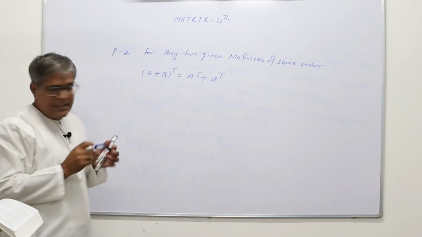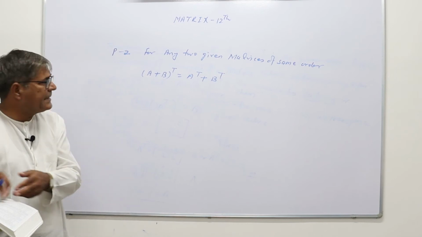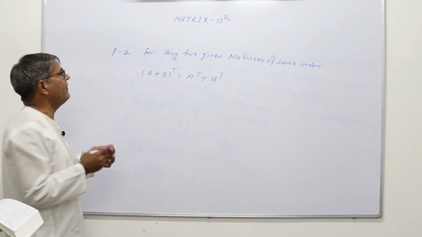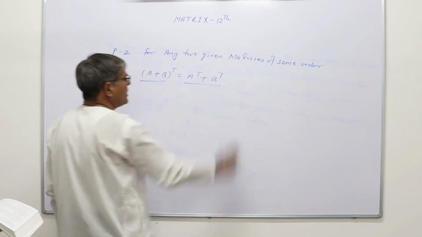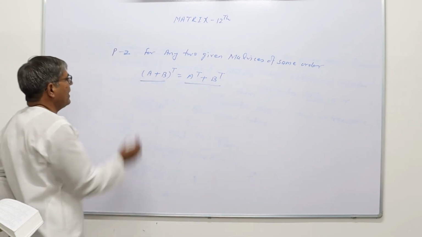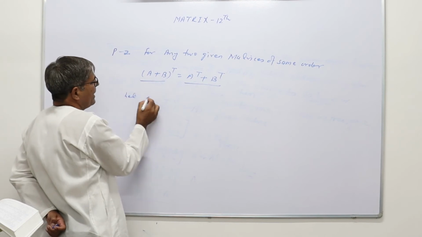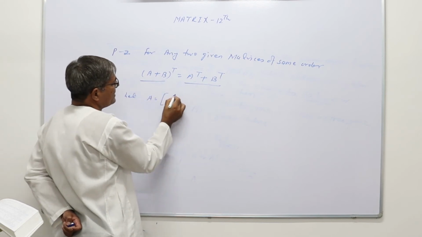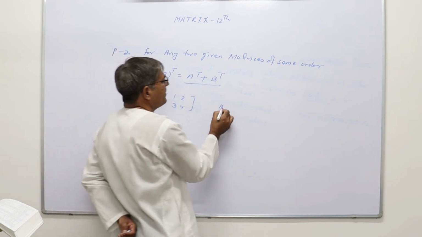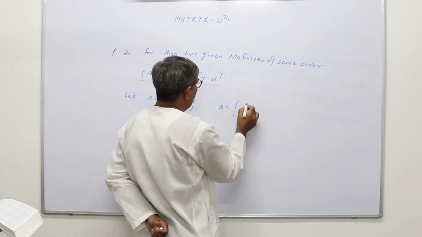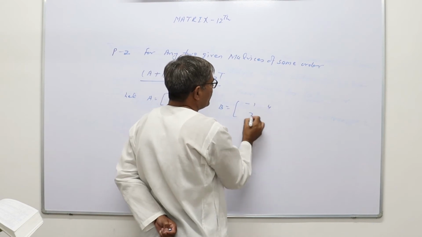How will we prove this? We will take an example and prove this analytically, and in the exam also you may get questions on this property. So let the given matrix A be 1, 2, 3, 4 and the matrix B be -1, 4, 3, 2.